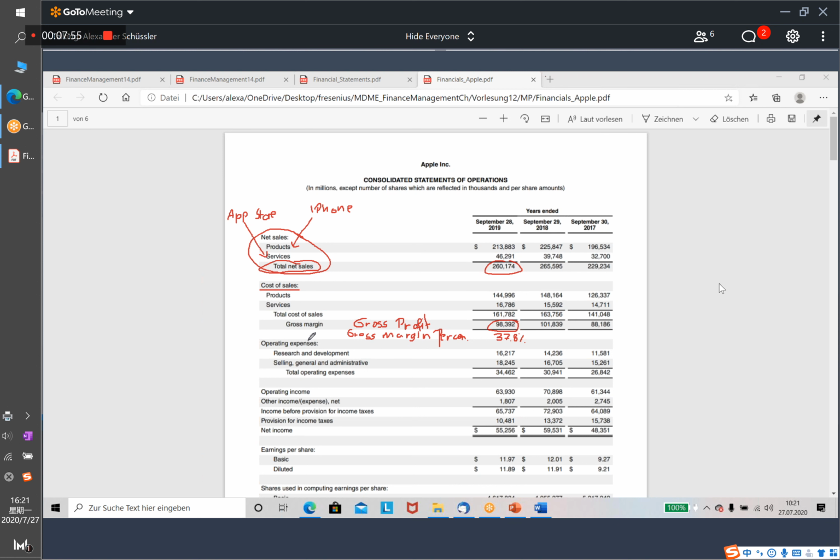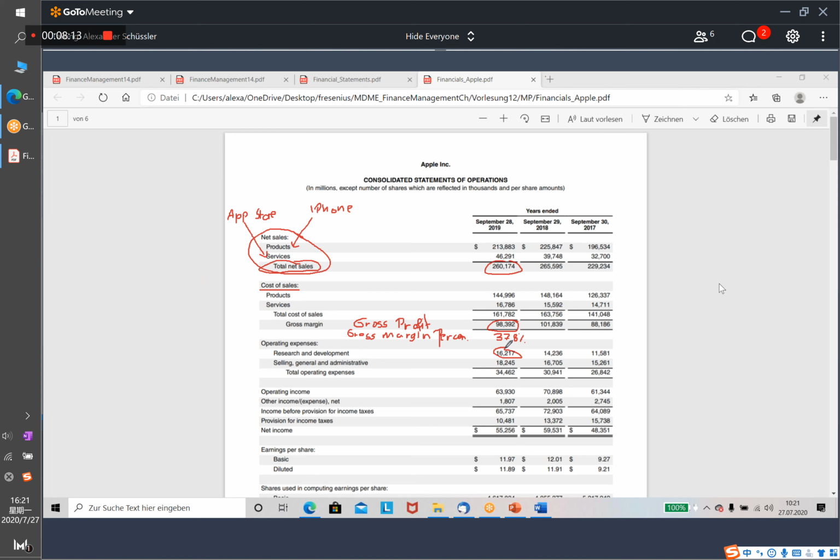So what else do they have? They have certain operating expenses. For example, research and development. What is this? What is research and development?